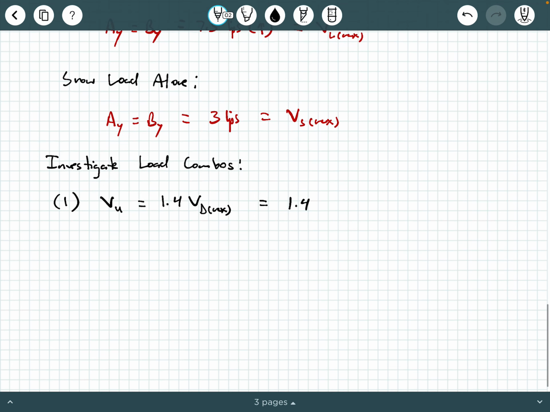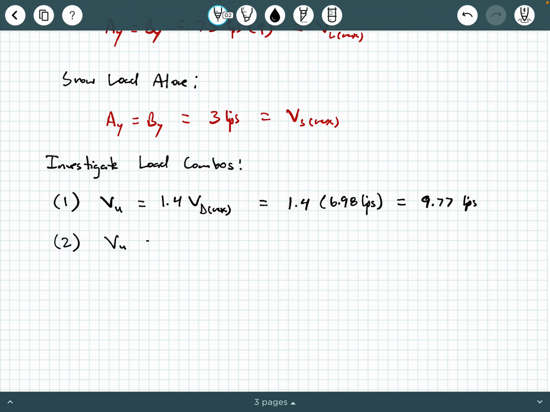So we substitute that in here, 6.98 kips. And let's see what that comes out to be. If you punch this through, 6.98, I'm punching this through in my calculator with you, I get 9.77 kips, okay?